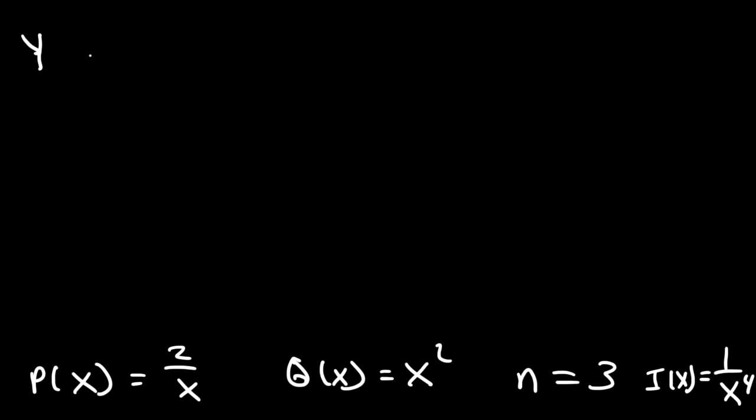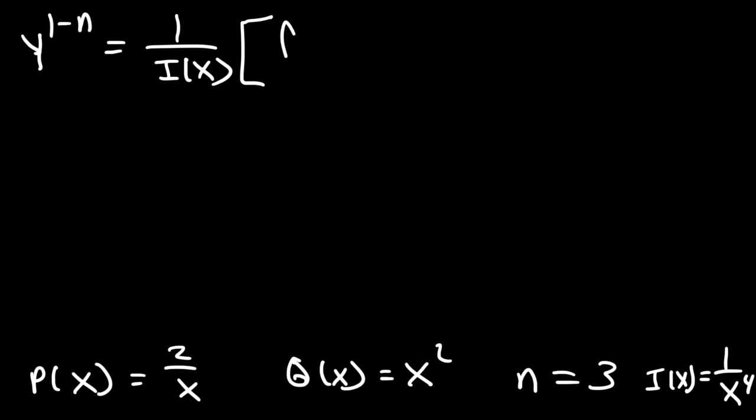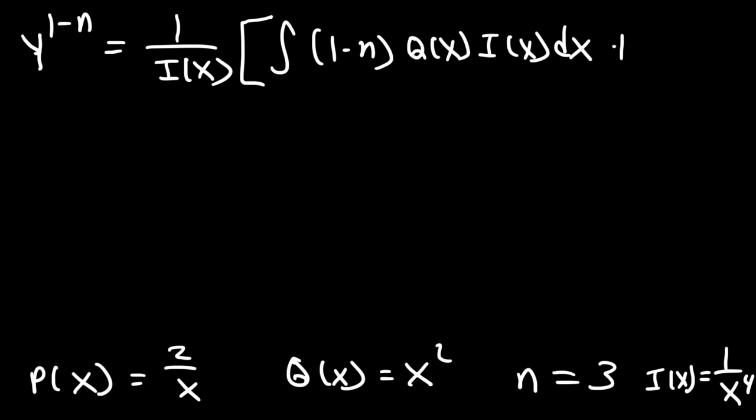So now let's find a general solution using this equation. So all we need to do is plug in what we have, find the integral, and that's going to be the answer. So we have y raised to the 1 minus n.